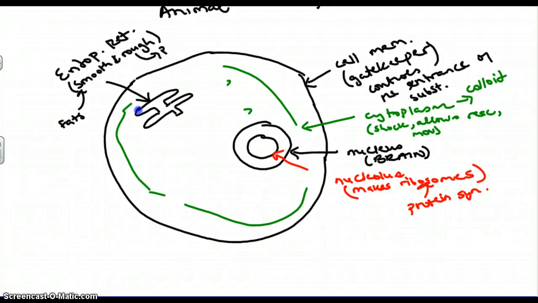What the rough ER looks like is the same thing, except it has tiny little dots all over it. These dots are ribosomes. So the rough ER has ribosomes.